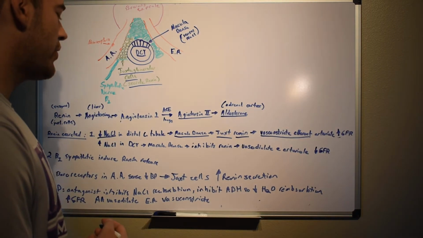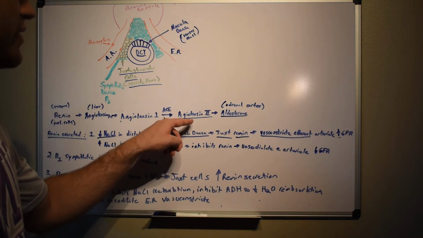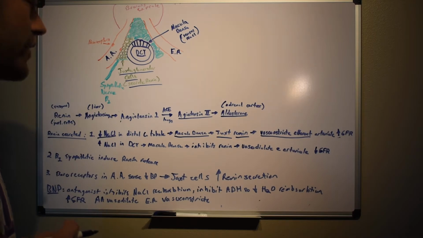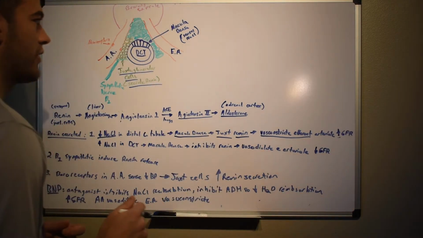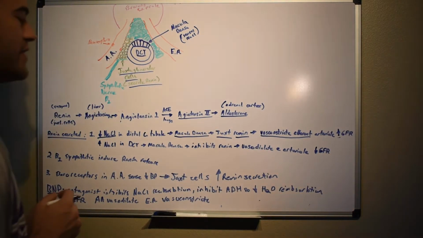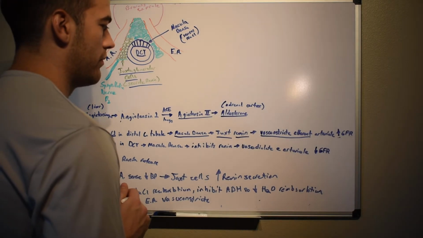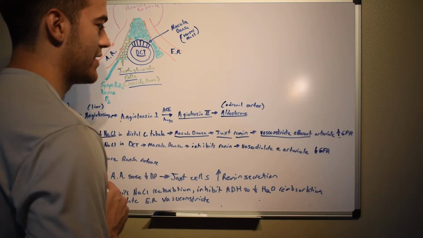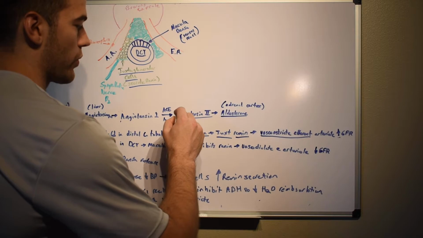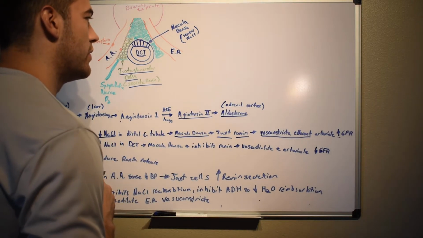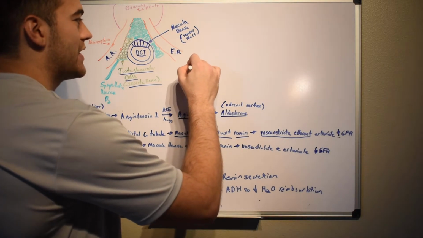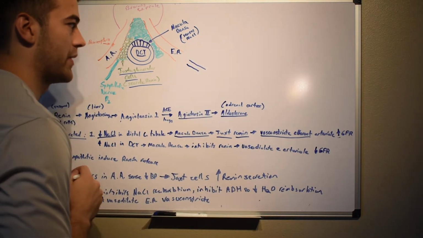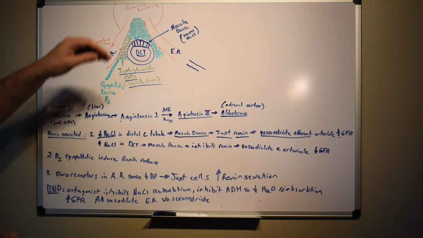Since we know that angiotensin 2 is a potent vasoconstrictor, what we're going to learn is that our efferent arteriole is really responsive to these hormones produced by the renin angiotensin aldosterone system. So it's really sensitive to angiotensin 2, and it's going to vasoconstrict. So it's going to get a smaller diameter, okay? That's going to increase the pressure.